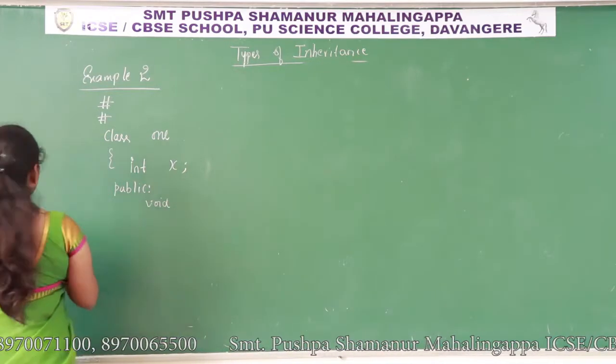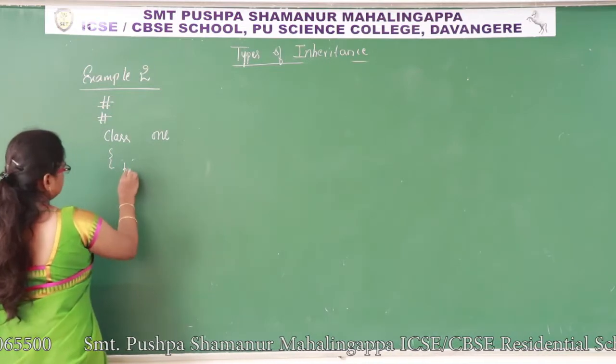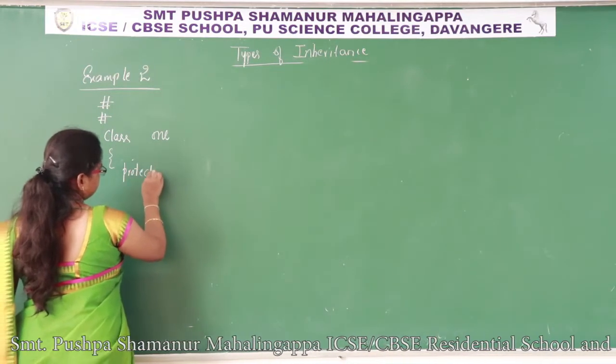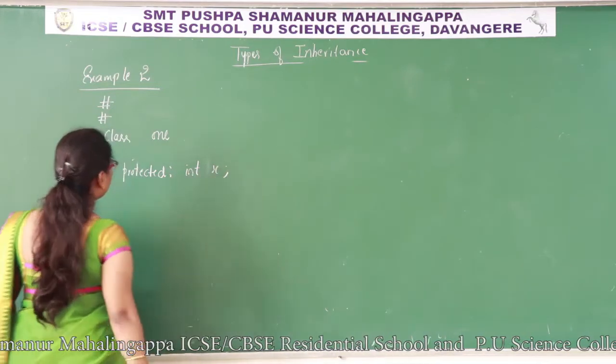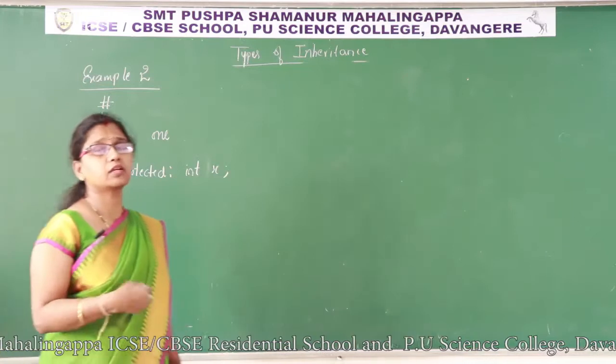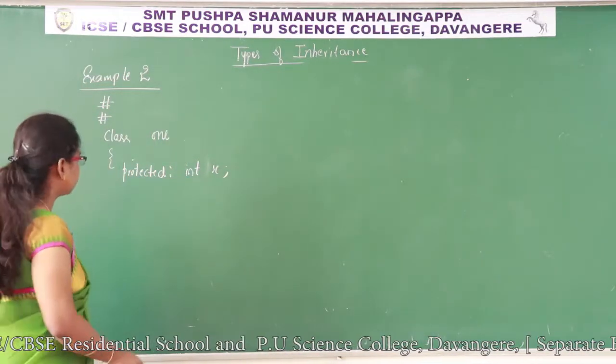I'll make it as protected data. This class will calculate the square of the given number, and the next class cube, and next quad.